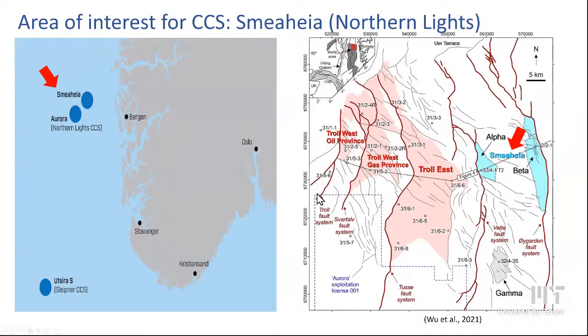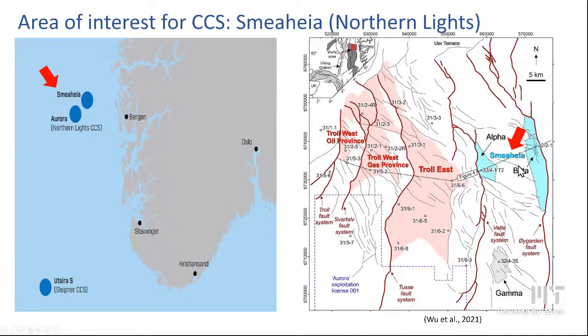And now we want to apply this to the field data, the real data set in the Northern Lights. So the cool part here is that we only train the CM model on a synthetic data set without any human labeling, and then we apply it to the real data set.